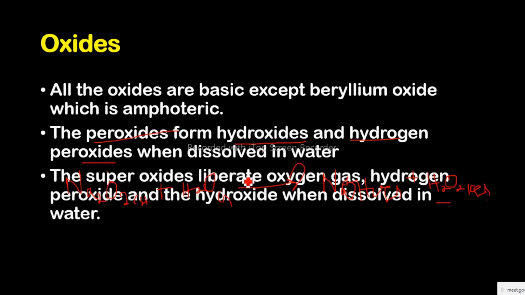Then the superoxides form hydrogen peroxide, and on top of this, unlike peroxides, they liberate oxygen. For example, we can write an equation. Let's say potassium. Your equation must be balanced.